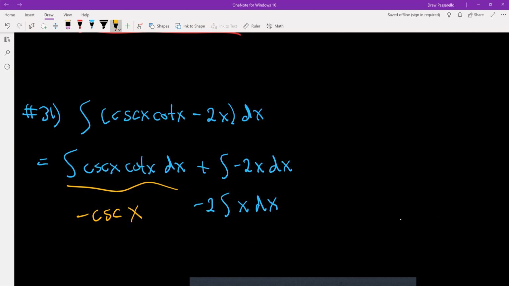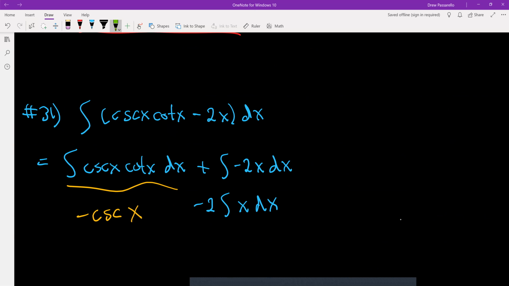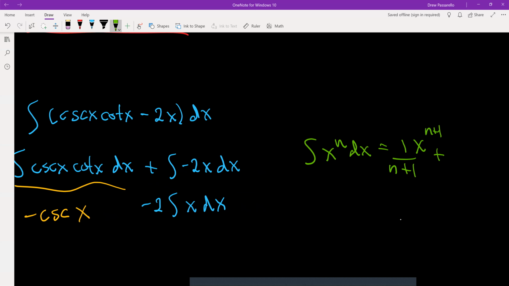And then I have minus 2 times the integral of x dx. And then from previous videos, there are multiple examples when you integrate x to the n, you add 1 to its exponent, so it's x to the n plus 1, and then you divide by that same thing, 1 over n plus 1. All right, that's what I use.